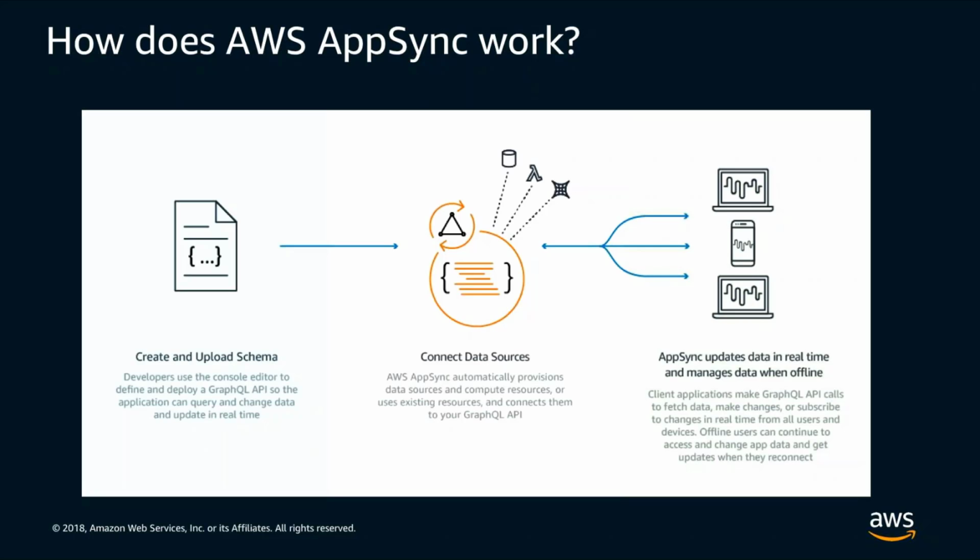Now, the data source is basically a combination of your underlying data store and a credential that AppSync is going to assume in order to make calls to your resource, like a DynamoDB table or an Elasticsearch instance or a Lambda function. Now, once you have your data store and your schema, you can wire up the fields in the types of your schema to a data source by something called resolvers.